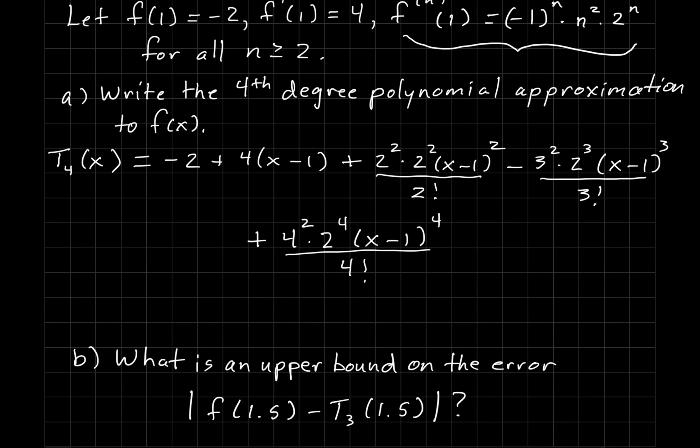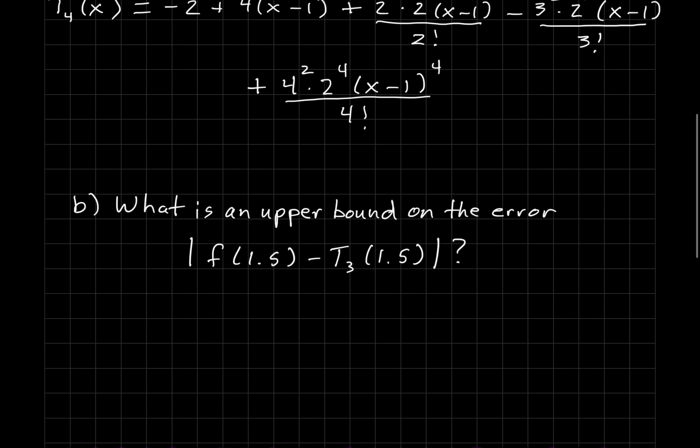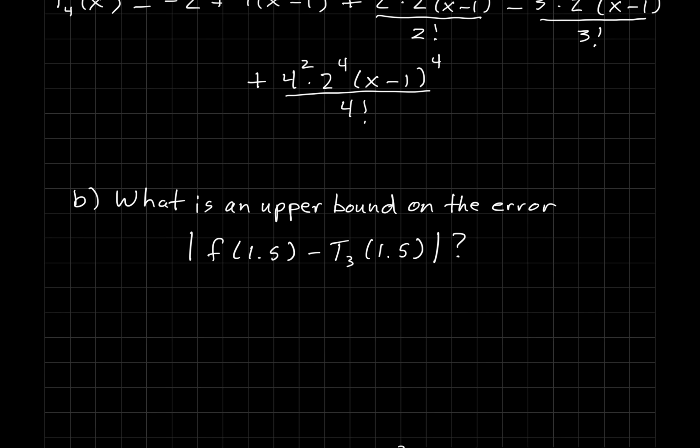Given this, what is an upper bound on the error given by the expression absolute value of f of 1.5 minus t sub 3 of 1.5? Now, upper bound is a clue that we're doing the error, but so is this expression. So recall that this part, f of 1.5, is the actual value of the function.